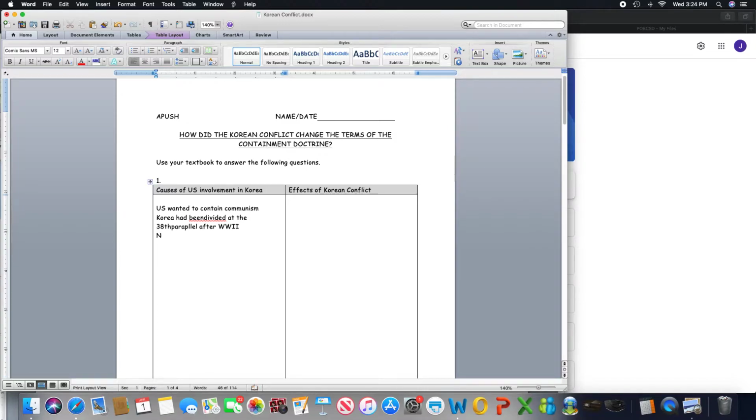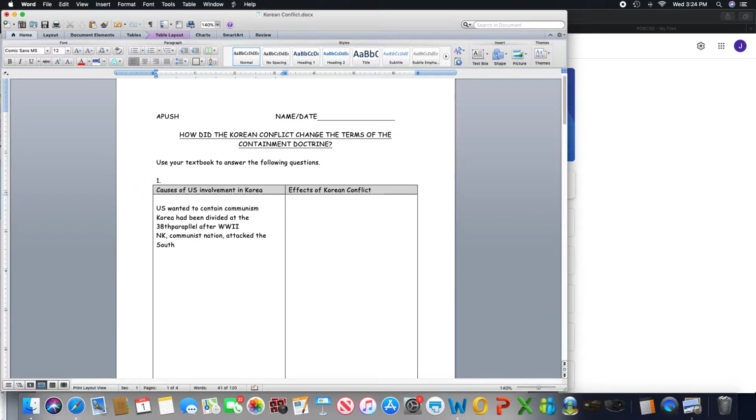And then North Korea attacked the South. North Korea was communist, we need to mention that, of course. And the United States felt like we needed to get involved and help.